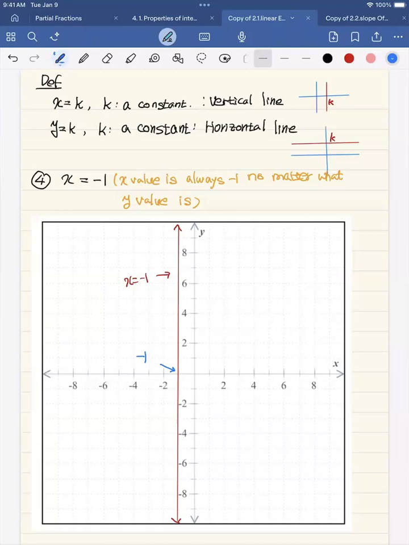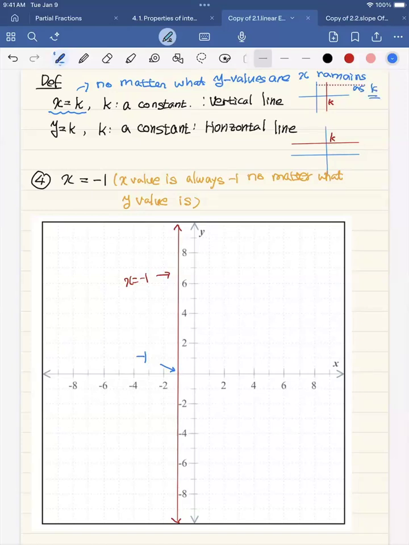When x equals k, that means no matter what y values are, x value remains as k.